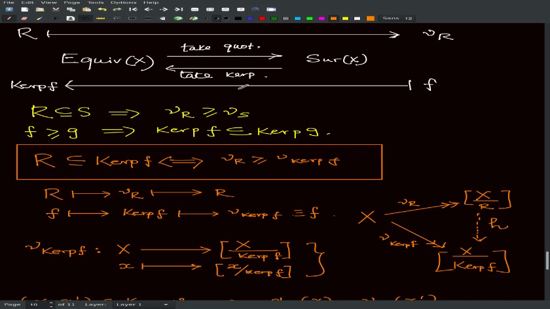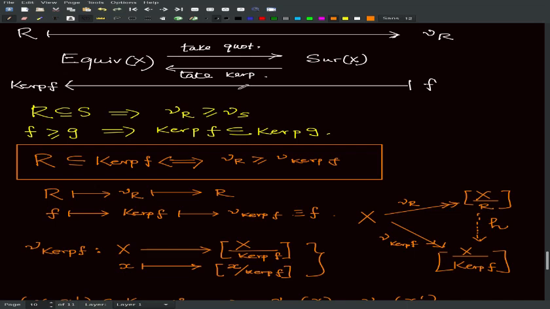And what is the machinery, or what is the tool to convert? Well, equivalence relations, you take it to the factor map. And if you have a surjection, take its kernel pair. So that is the recipe.